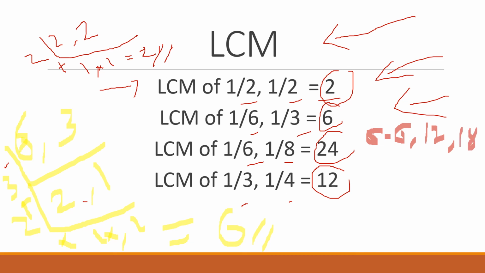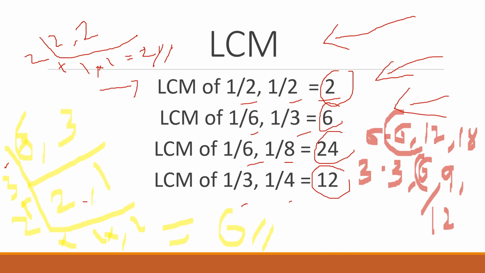Then you take the number 3: the first multiple is 3 itself, the second is 6, the third is 9, the fourth is 12, and so on. Then you check the common multiples. The 6 is here and the 12 is here, and it goes on. There will be many common multiples, but the lowest common multiple is 6, that is the LCM here.